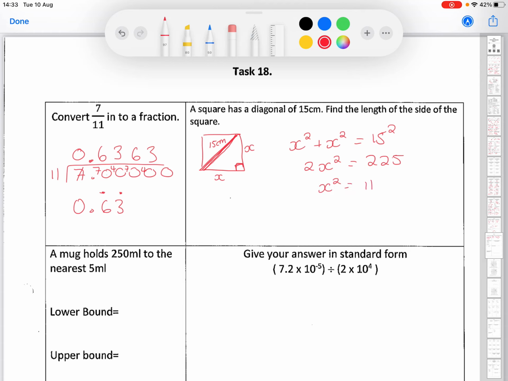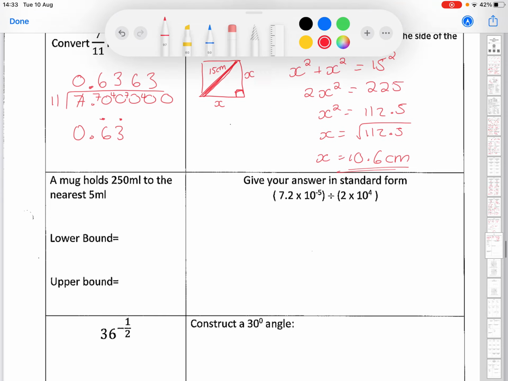I just want x. So if I divide it by 2 first, x squared is going to be 112.5. Then if I take the square root of it, I get that length. The square root of 112.5 is 10.6. So that is Pythagoras. A little bit tricky though. So first of all, we basically squared our 15, we halved it, and then square rooted it, because we've got 2 of them.